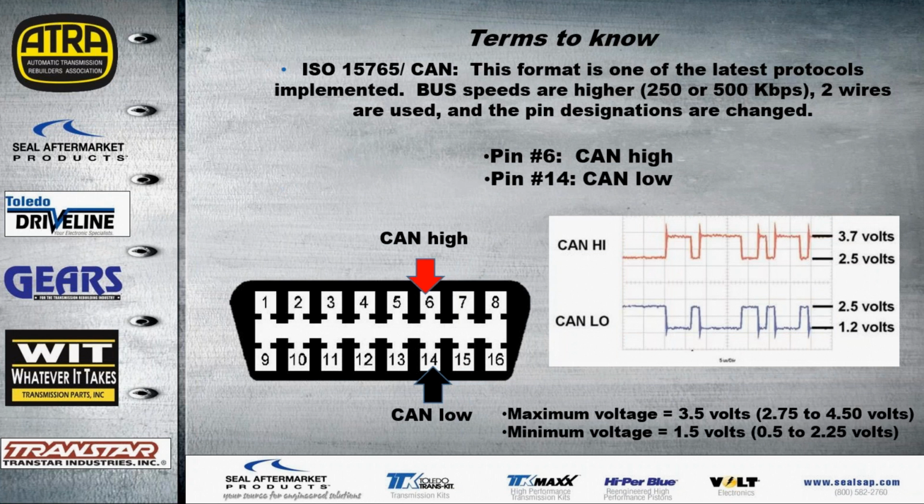As a matter of fact, they're very, very low. So you have to make sure that our power as well as our ground are very clean. We make sure that we have a solid ground. These are very sensitive to any discrepancies in voltage. Again, our pin designations for CAN high is 6 and CAN low is pin 14. And these are the waveforms that we'd expect.